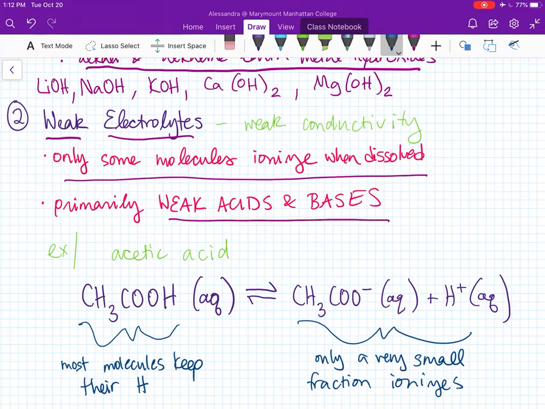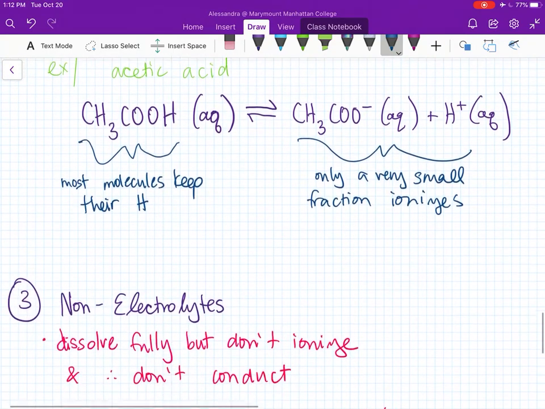Okay, so there are hundreds upon hundreds of weak acids in nature. Acetic acid, citric acid, lactic acid, malic acid, just to name a few. Weak bases will also only partially ionize. For example, ammonia is an example of a weak base. So those kinds of solutions will conduct electricity only weakly.